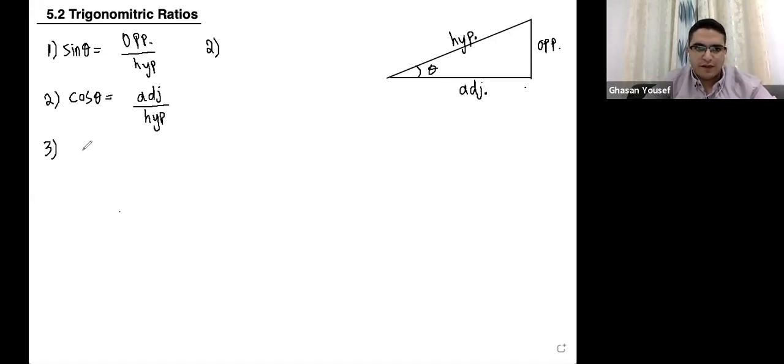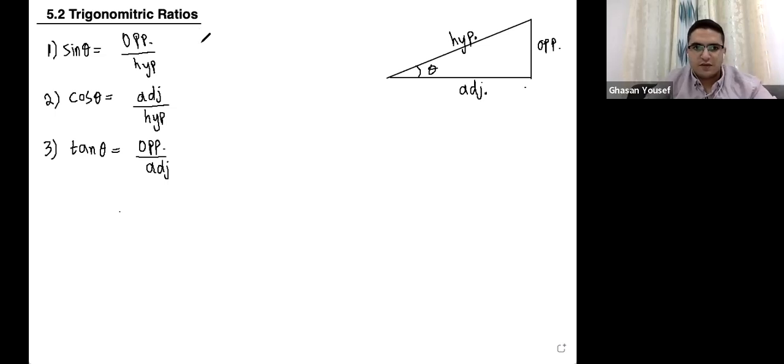Number three, the tan of the angle is equal to the opposite over the adjacent edge. And we should also know the reciprocal of each of these.